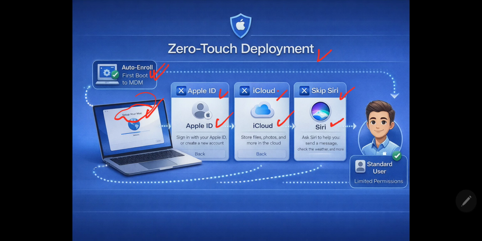Okay, you have to know this information. Zero touch deployment can work only after both Apple Business Manager (ABM) and an MDM are registered and linked together. If you haven't done that, you cannot get zero touch deployment.